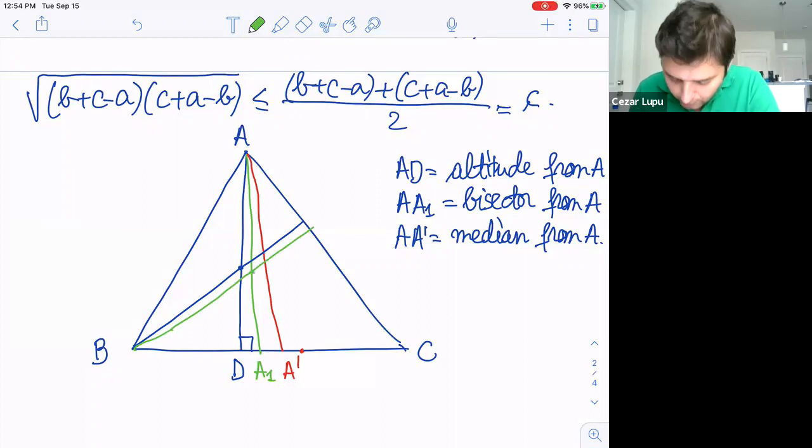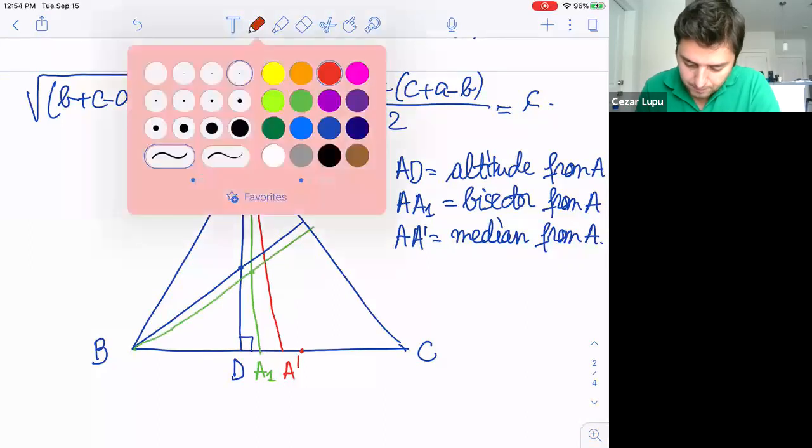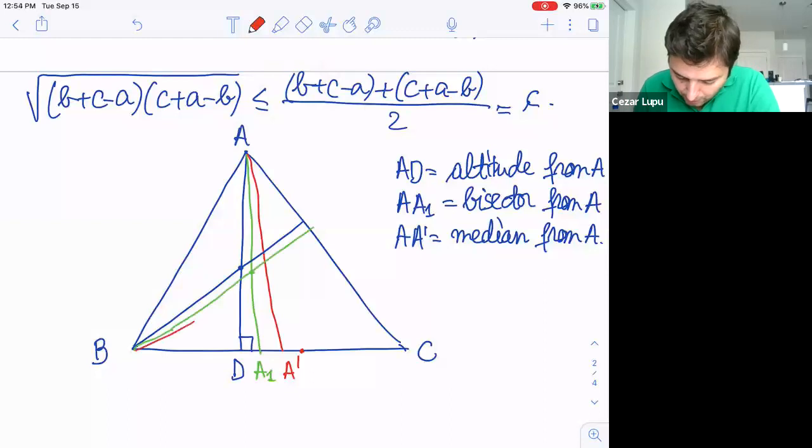This will be the incircle, and if I draw another median, it will be somewhere here.